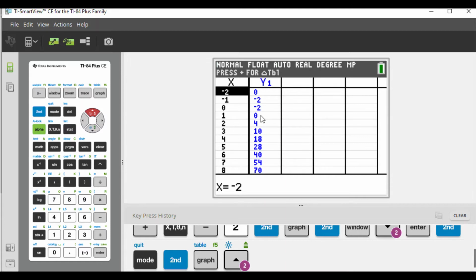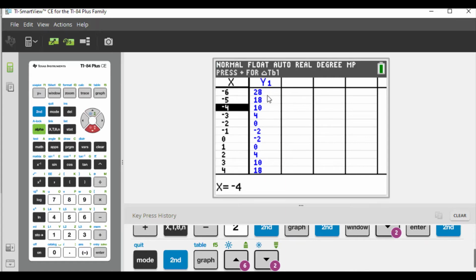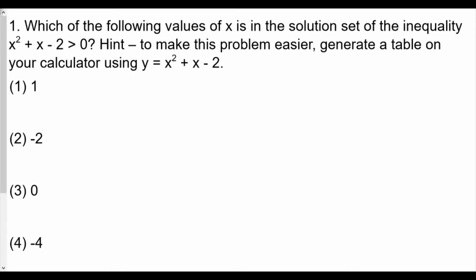Now the other one was -4. Let's take a look at -4. Oddly enough, -4 here gives the value of 10. So if we plug -4 into our function, we should get a positive value. Let's go back and check. We can double check here: y equals -4 squared plus -4 minus 2.